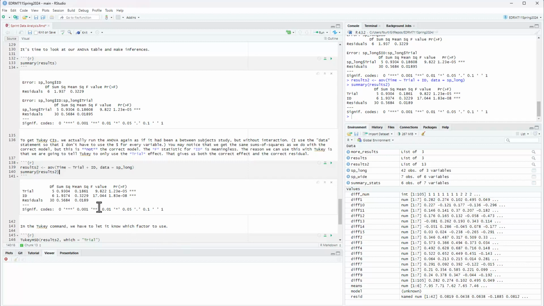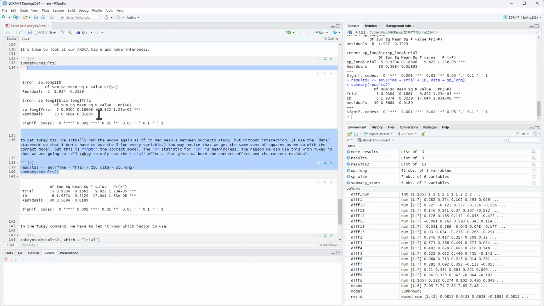Now, you should see some things that you can equate to the previous table that we created. This is a between subjects table, but here we actually had a between subjects residual right here, and we had a within subjects portion of the ANOVA table right there. That between subjects and within subject is separated as it should be.